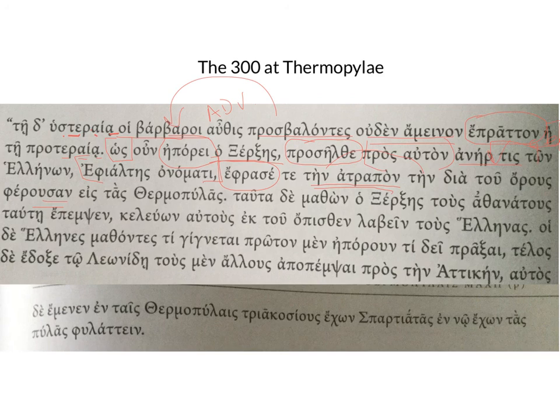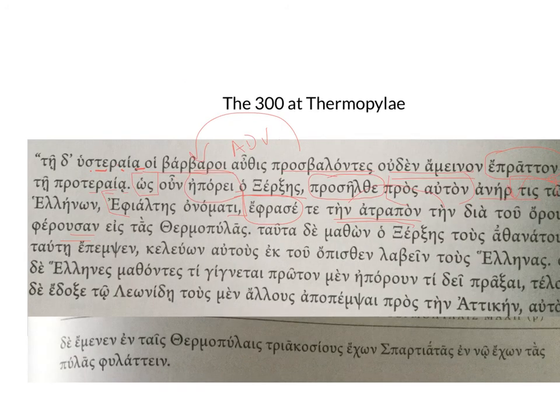The one bearing or leading, as I suppose we would say, carrying, leading, dia tu horus, leading through the mountains. Note the genitive form here. Horus is kind of a funny form, leading through the mountains. And it's leading through the mountains to Thermopylae.